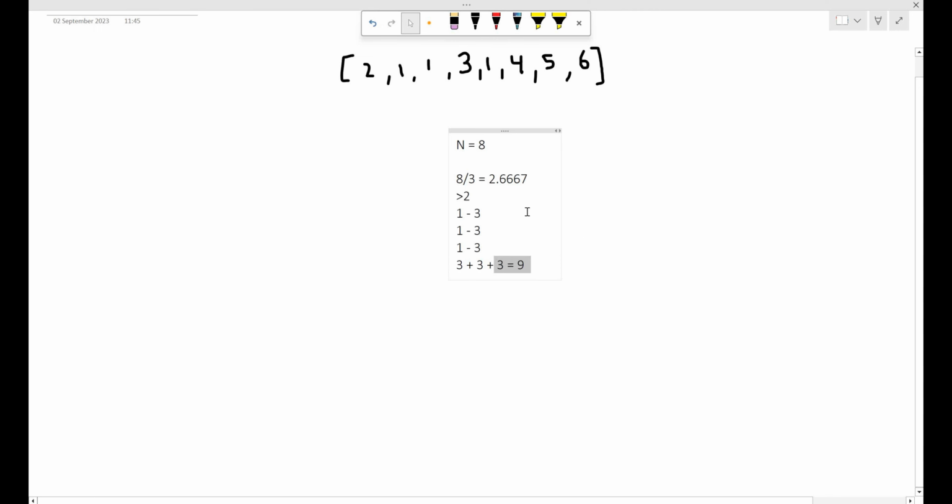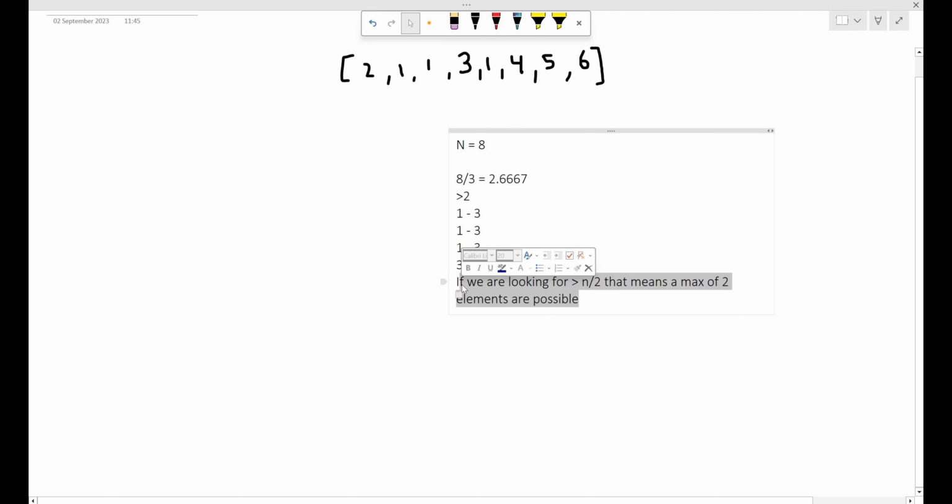So what does it mean? It means if we are looking for elements greater than n by 3, a max of 2 elements are possible.